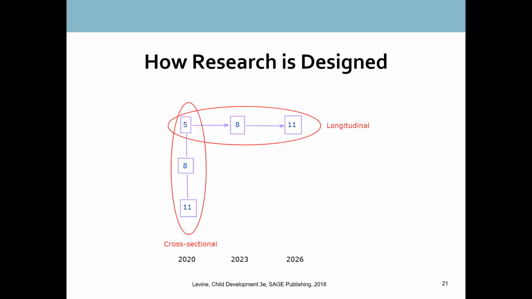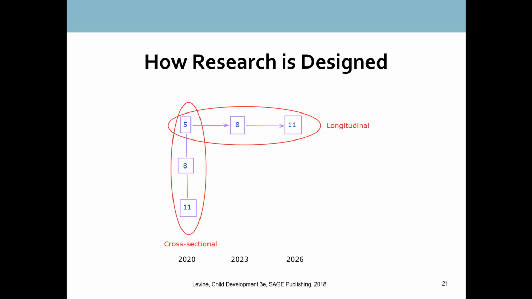Just to graph it out here, here's an example, just looking at the top 3 numbers of a longitudinal design. Let's say last year in 2020, I collected subjects that were 5 years of age, and I tested them on some measure. Maybe I'm looking at how certain mathematics skills change between 5 and 11 years of age.